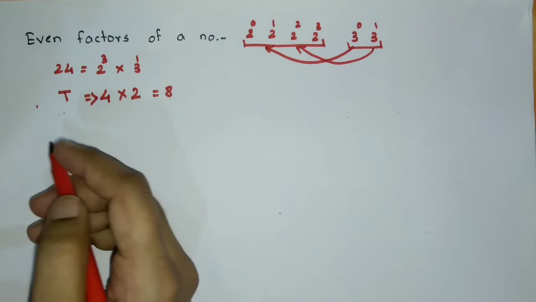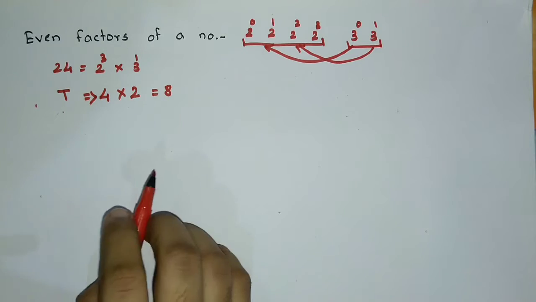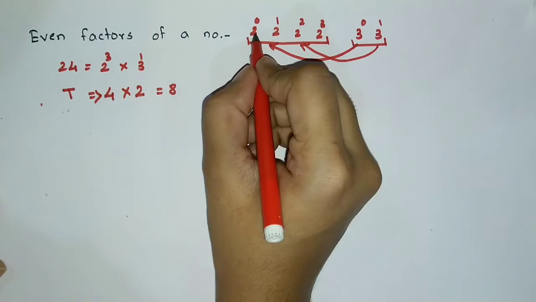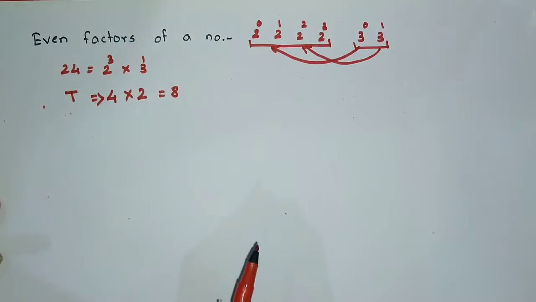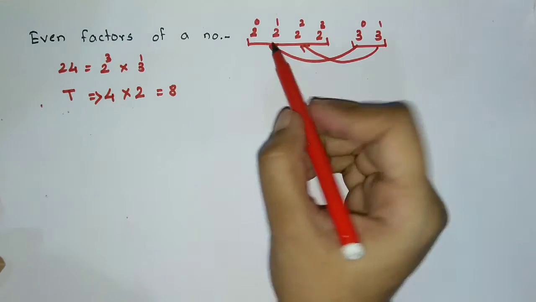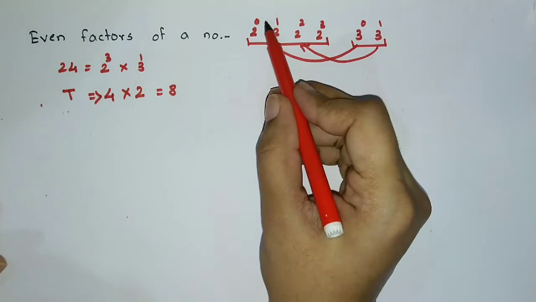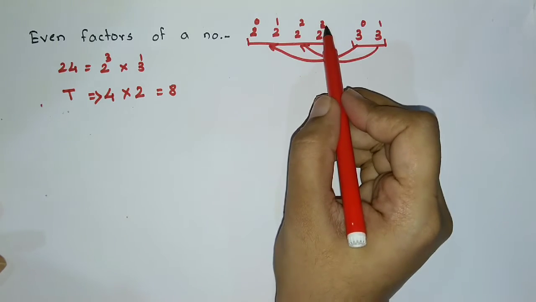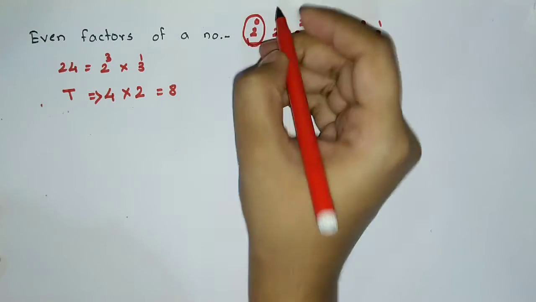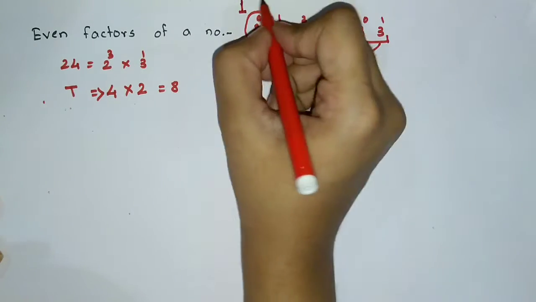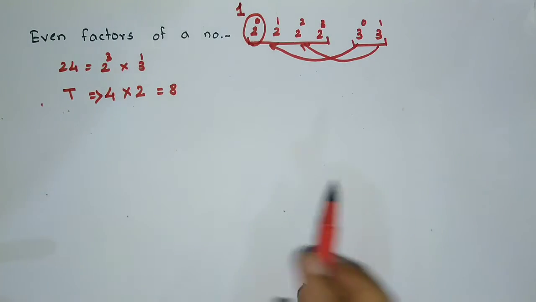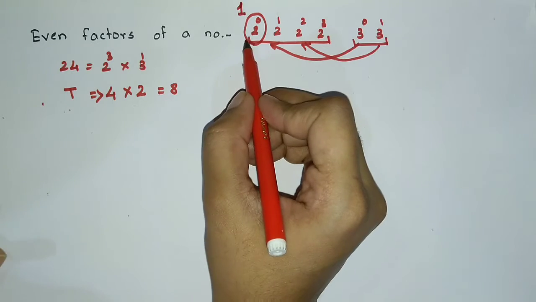So see, while writing even factors of a number, we take it from base 2. Now, out of these 4, 2 raised to 0, 2 raised to 1, 2 raised to 2 and 2 raised to 3, here 2 raised to 0 is equal to 1, right? 1 is not an even number, and that is why we are not going to consider this number.